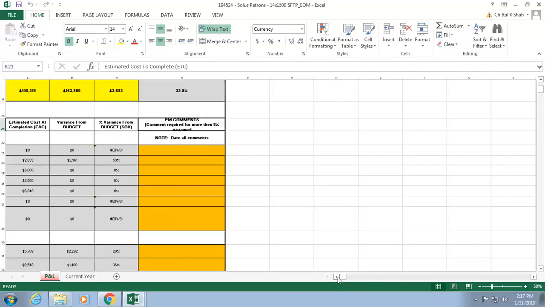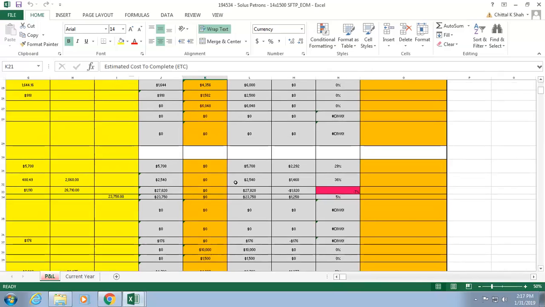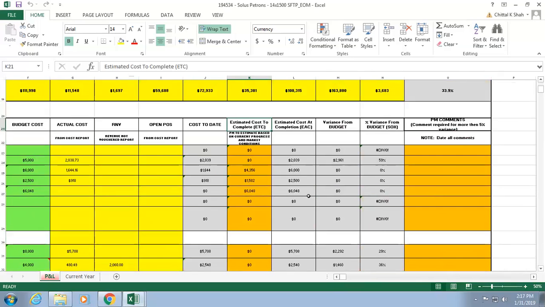So when you start going up or down on your EAC, there is a column where it says variance from budget. So we are measuring it against the budget. My budget was so much, and I think I'm going to be ending here. So that variance is going to be important. And as per SOX compliance, which is the Sarbanes-Oxley Act done after Enron, yes, after Enron they came with the Sarbanes-Oxley Act.